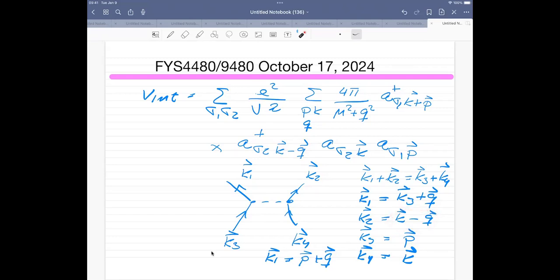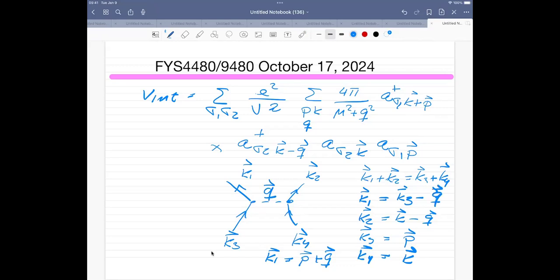So what we've done now is simply to rewrite, so I should actually say that Q is equal to this quantity which we have here. And that is the same as K1 minus K3. So I actually wrote this wrongly. This should be K3 minus Q, sorry.